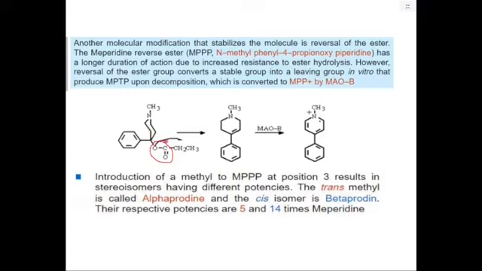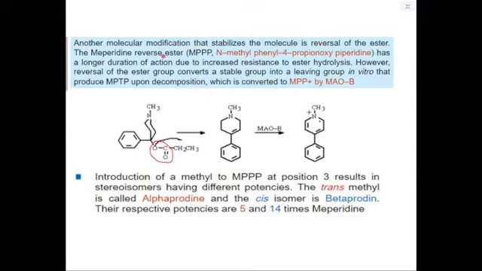Now, once you have the reverse ester, you bring about some stability as well as some instability in vitro. You find that the reverse esters are more stable. Another molecular modification that stabilizes the molecule is reversal of the ester.